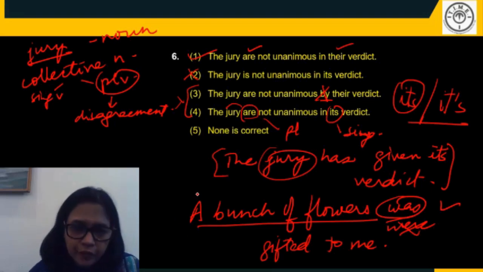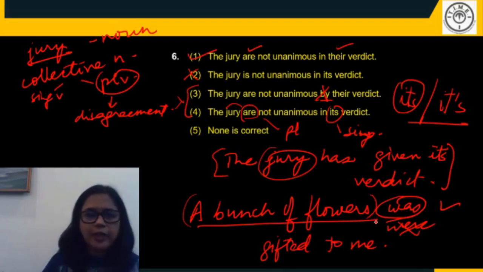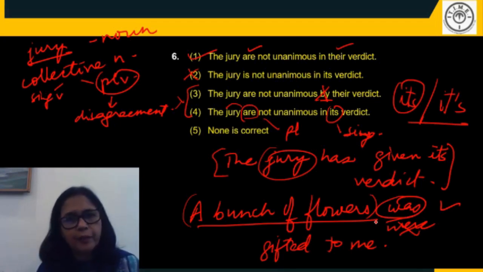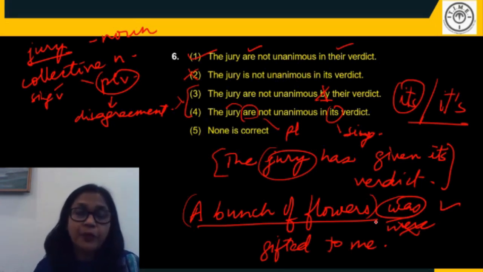So when we have the collective noun framed in such a manner, most of the time we'll be using a singular verb. But when there is some kind of disagreement, when the members are doing their own thing, when different actions are taking place, then the collective noun can take a plural verb and a plural pronoun too. So the correct answer for the sixth one is the first.